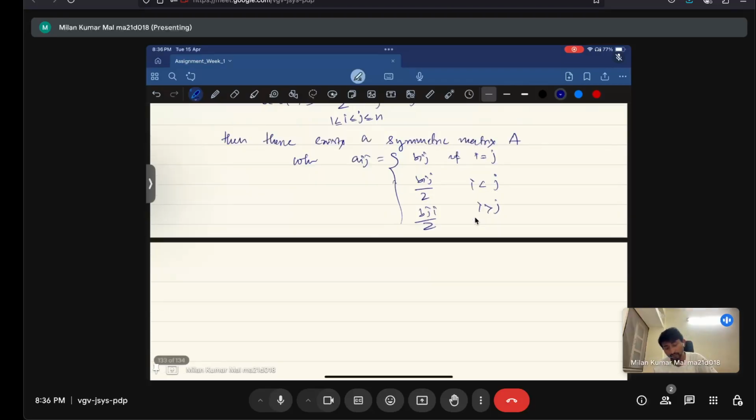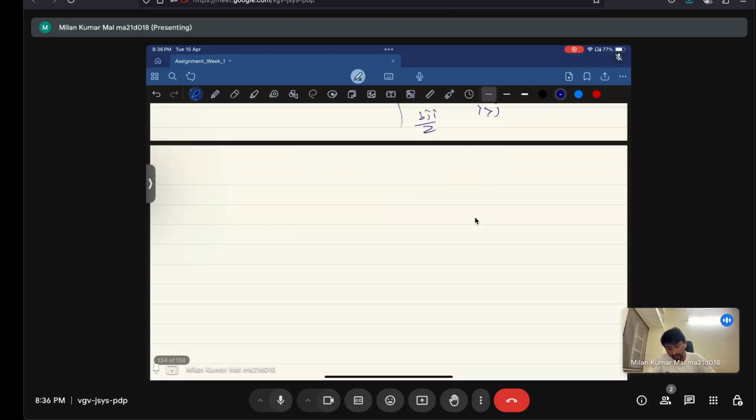So the main point is that suppose we are given a quadratic form Q(x, y) equals to ax square plus bxy plus cy square. So the matrix corresponding to this quadratic form will be a, b by 2, b by 2, c.